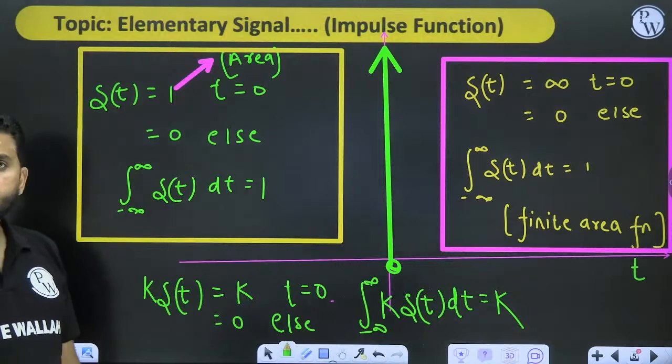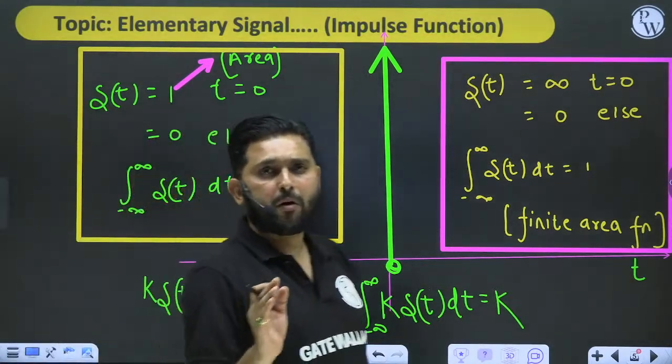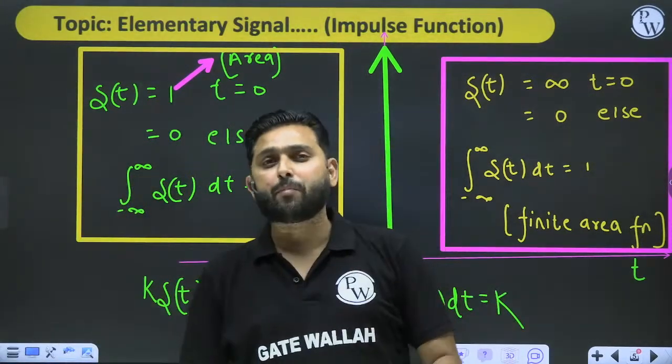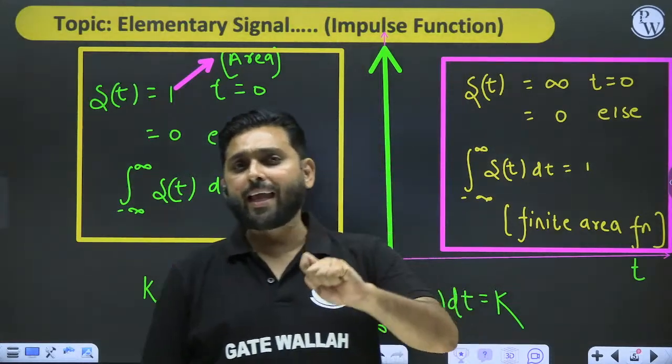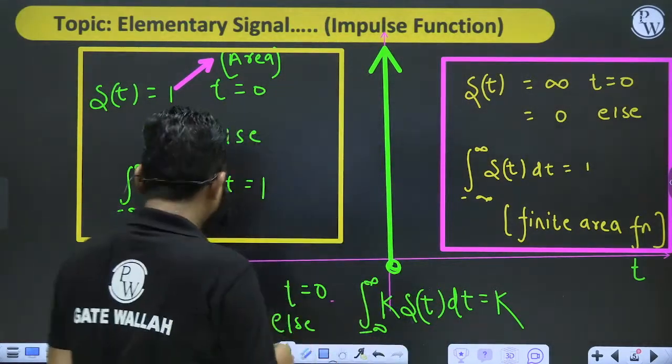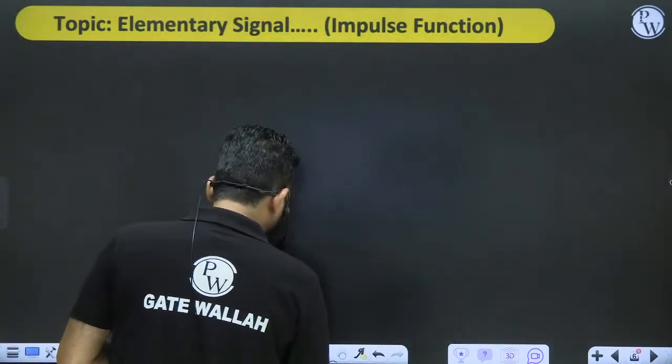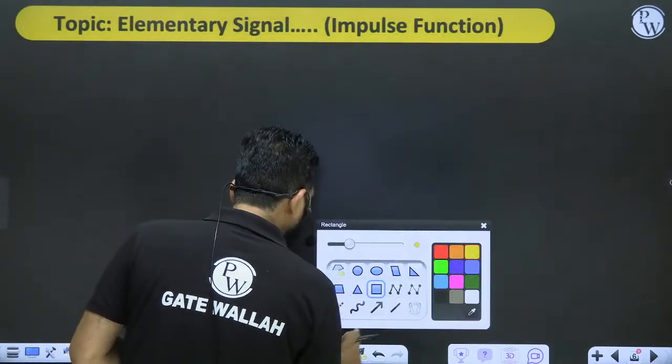But sir, can you tell me where I encounter this impulse function? Listen carefully now. Suppose I have, let's say, a step function.